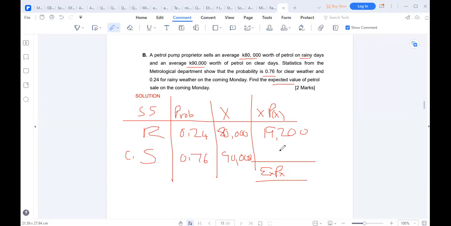Then times that, 0.76 times 90,000 gives 68,400. Not 6,840, there are zeros there. Just check your calculator. When you add these, what do you get? 87,600. So this is what we call our expected value.